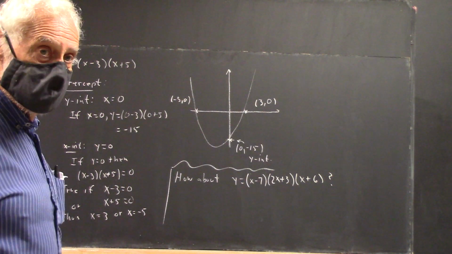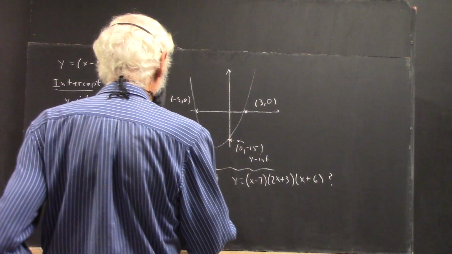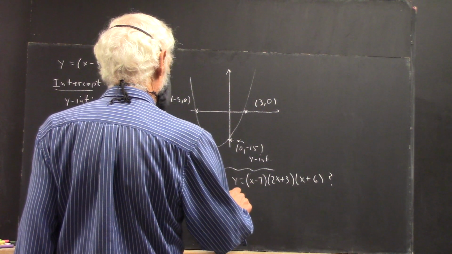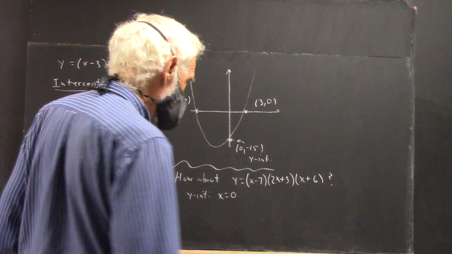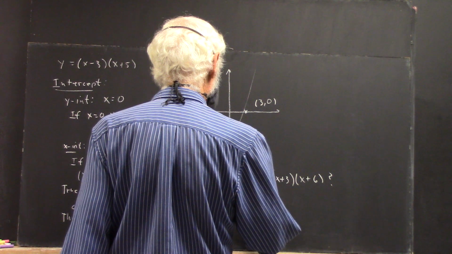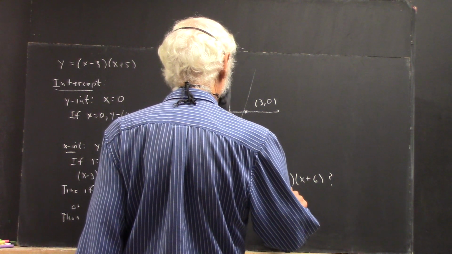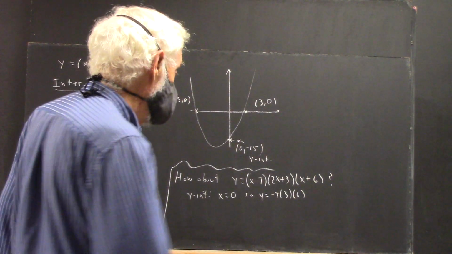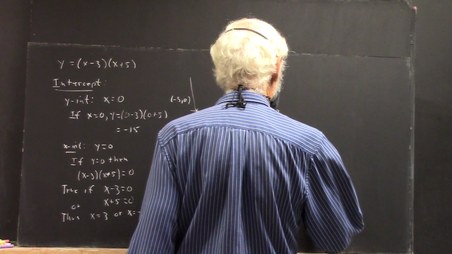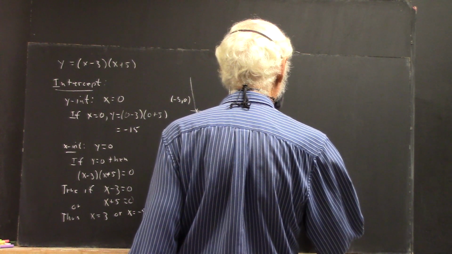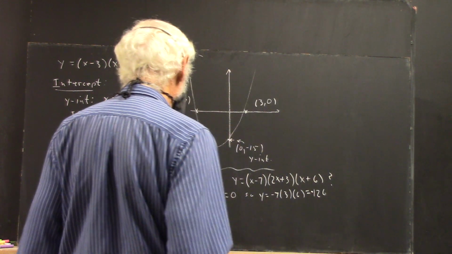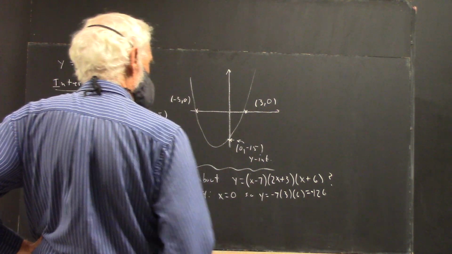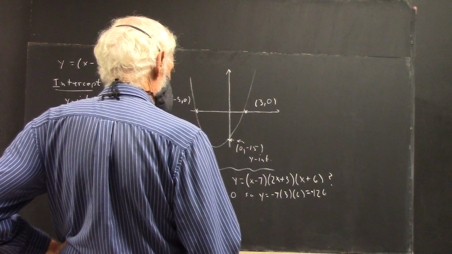Okay, well, how about this? Well, the y-intercept, I'll abbreviate it a little bit, x equals 0: negative 7 times 3 times 6, negative 126.